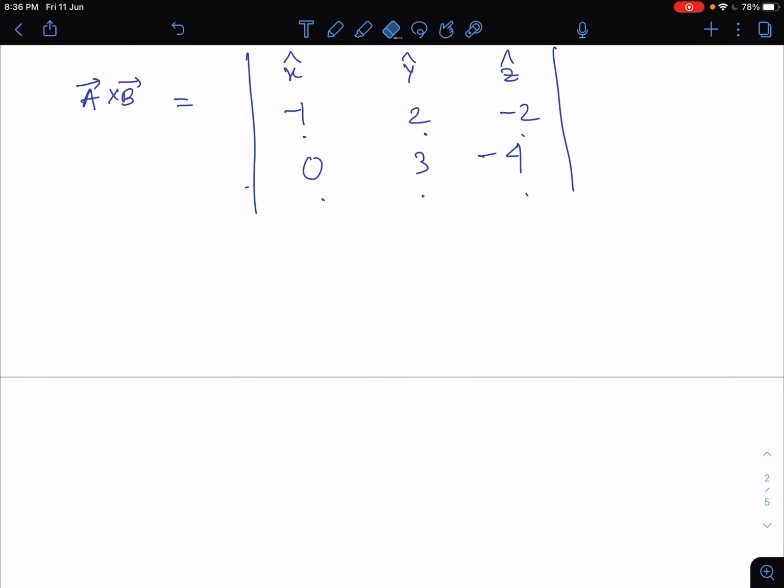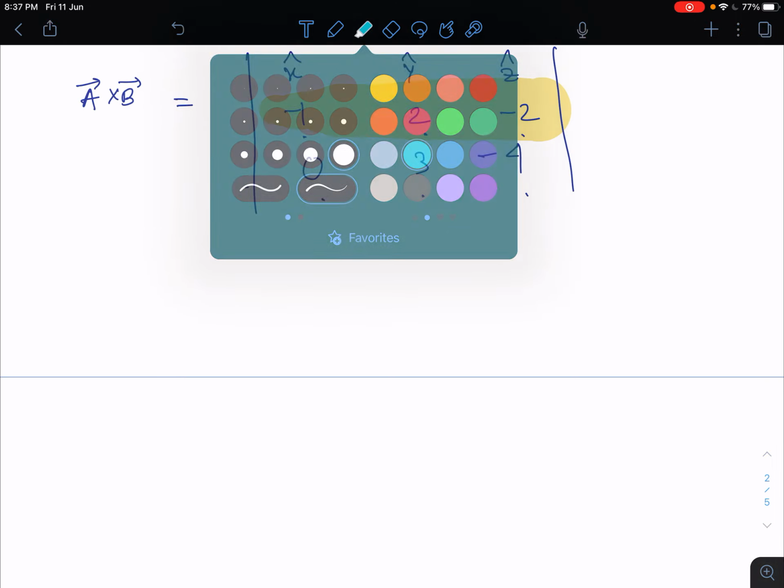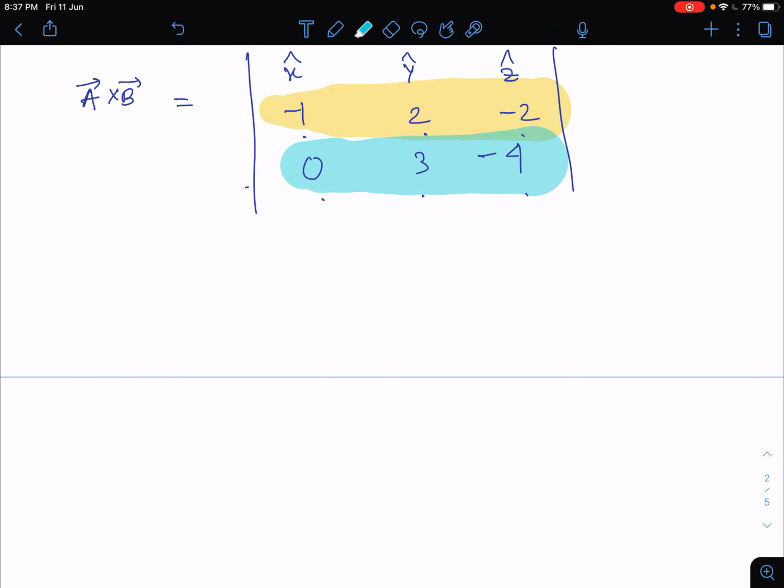So these are the components of a and these are the components of b. Now if you take the cross product and break the determinant, you will get this.